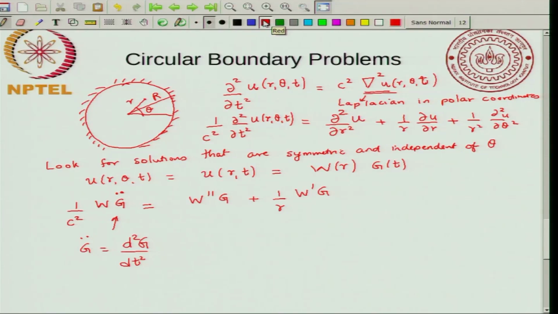Here w prime equals dw by dr, and similarly for w double prime.